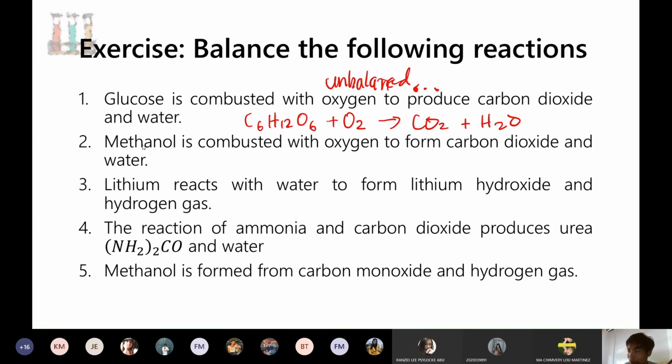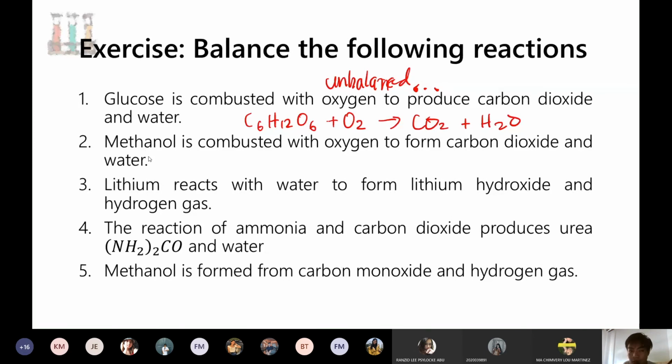Methanol. Pag gumagamit kayo nito sa laboratory, I know maggaganito kayo sa mga medtech labs nyo. Sometimes we use methanols as solvents in chemistry stuff when analyzing organic substances ng mga human serum.